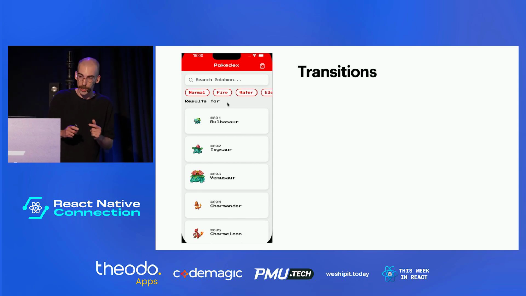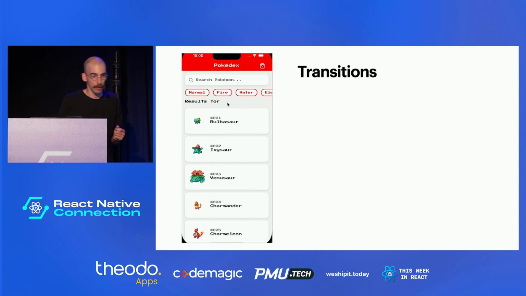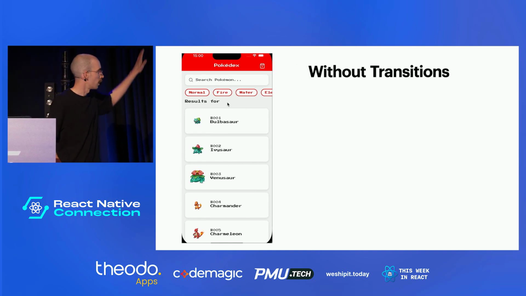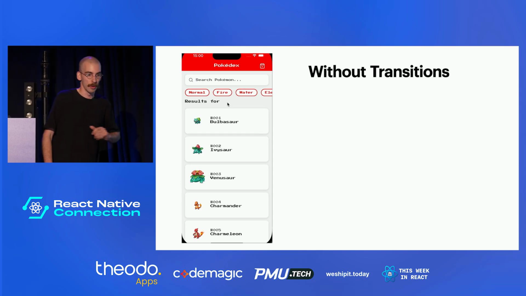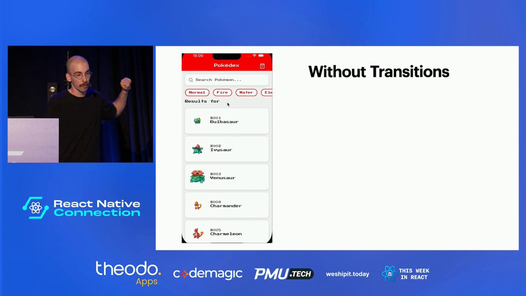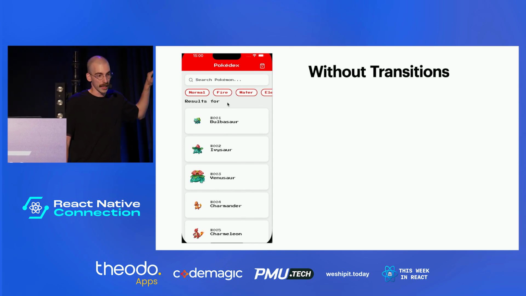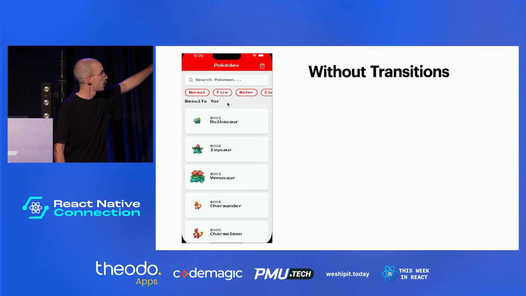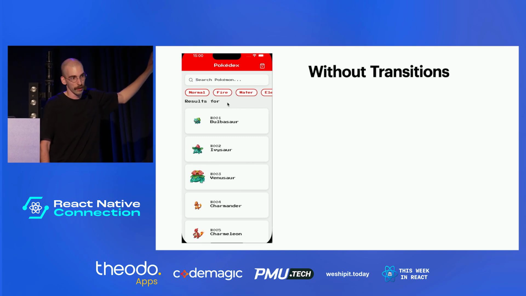Transitions came out in React 18, and we're going to look at an example without transitions to start. So let's say I have this app that enables me to look at a list of Pokemons, and I can also search for some Pokemons. I can filter them by type, and whenever I type something in the search, I want the result to contain my query term.